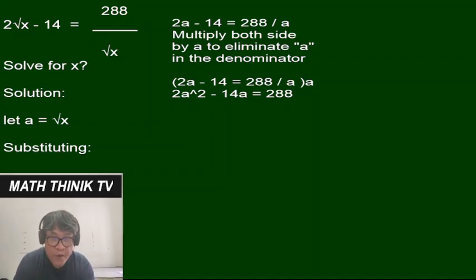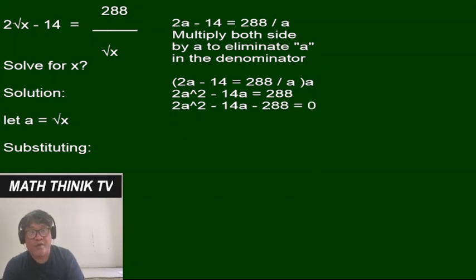So we arrange the equation to 2a square minus 14a, minus transpose 288 to the left side, it becomes negative. So minus 288 is equal to 0. This is a quadratic equation.